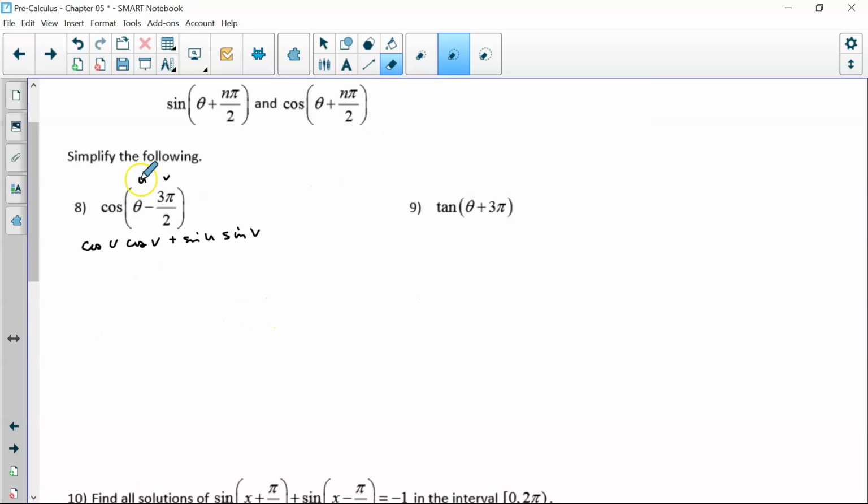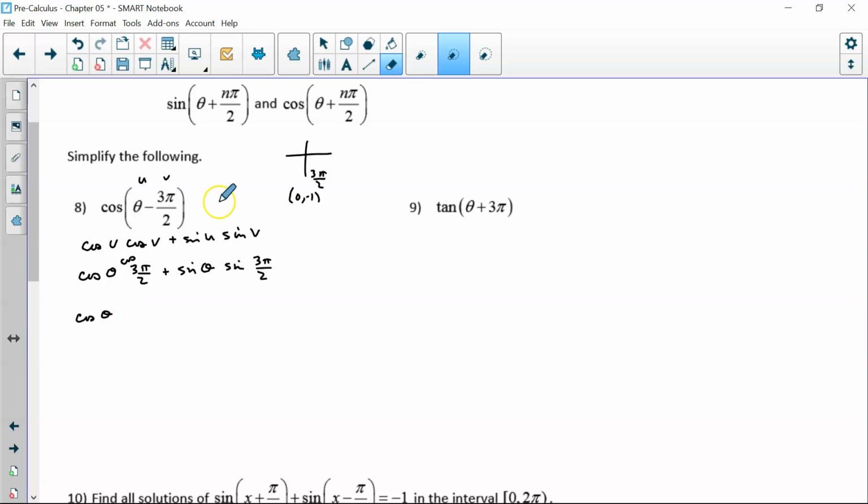So now u is theta, excuse me. So we have the cosine of theta, cosine of 3 pi over 2, it's a quadrant angle, plus the sine of theta, times the sine of 3 pi over 2. 3 pi over 2 is down here, that's at (0, -1). So our cosine of theta, sorry, that should say cosine of 3 pi over 2.